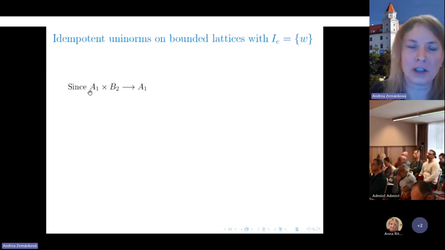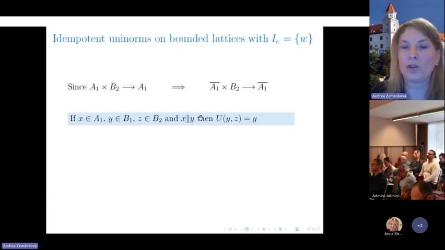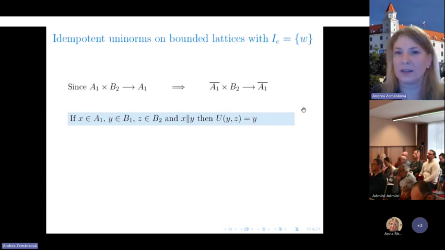For example, as I mentioned, if we aggregate 2 points from different parts, one from set A and the other from set B, we will obtain the result from the set A. But the same holds also for all tangled points. If we have some incomparable point from set B2, then the result will be the same. Again, we will obtain this point from B2. So we can say that the tangled points somehow mimic the properties of the original set.